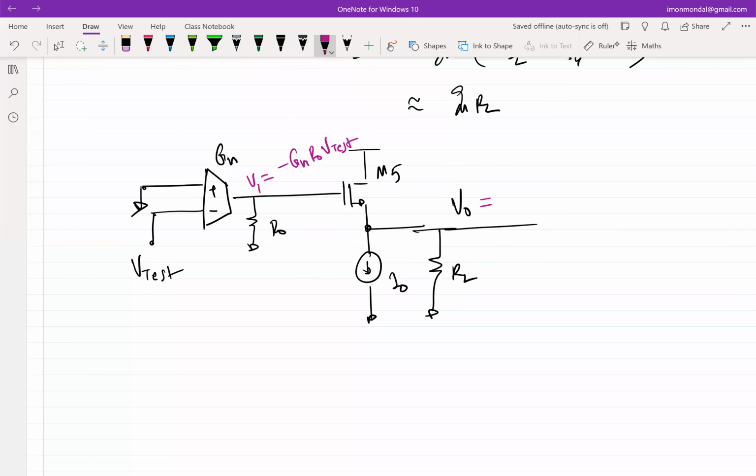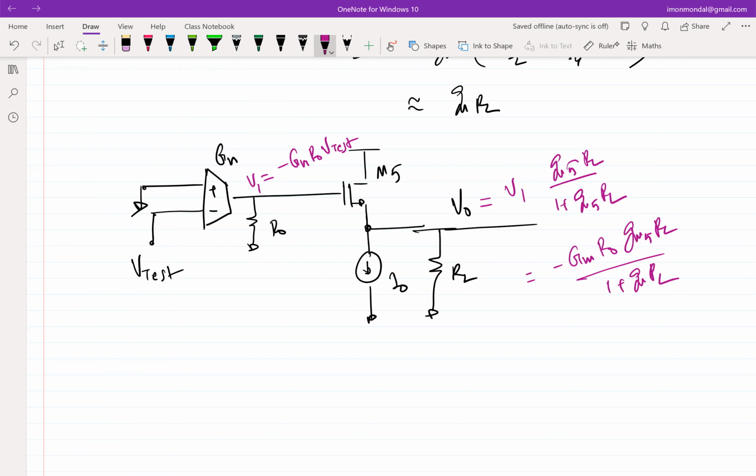However, if I have to be a bit more precise, it becomes V1 times GM5 by 1 plus GM5 RL, as long as GM5 RL is GM times RL, right? As long as GM5 RL is more than 1, this approximately equals V1. So the total becomes minus GM times R0 times GM5 times RL by 1 plus GM5 RL.